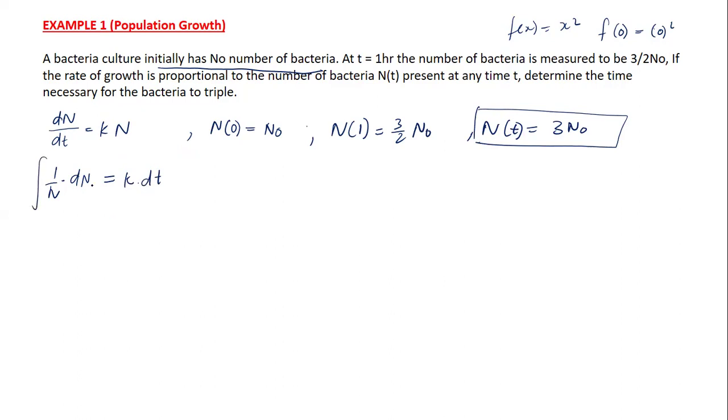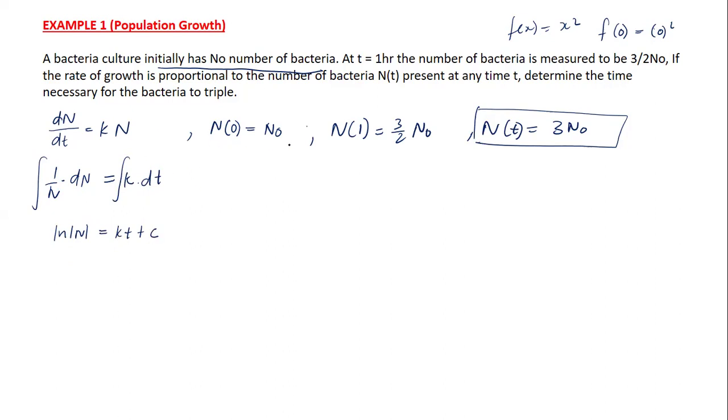Then we integrate both sides because you can see this is separable, right? So here we're going to have ln of N, which will be equal to k multiplied by t plus c. So what we get over here is the general solution of this differential equation.